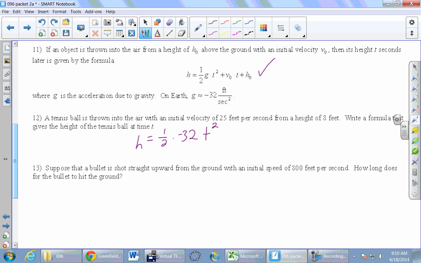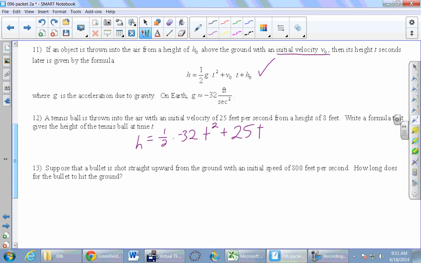If I see the first three terms all copied down, plus. Then we get to this V sub 0. V sub 0, remember, represents initial velocity. It's given in this problem. What's the initial velocity of the tennis ball? 25. 25 feet per second, so that goes 25. And then right next to the V0 is another T, so we'll put a T there.